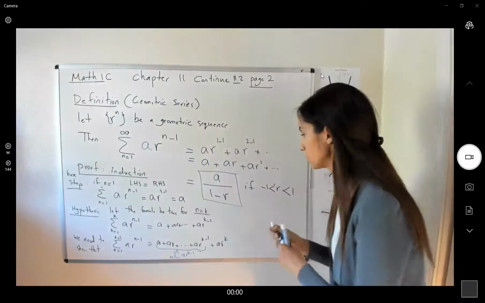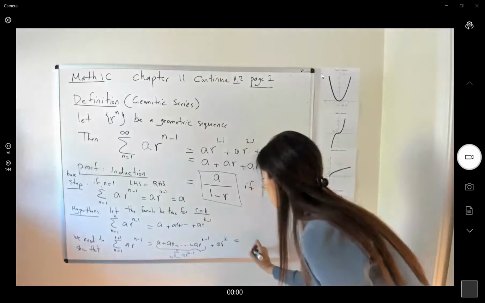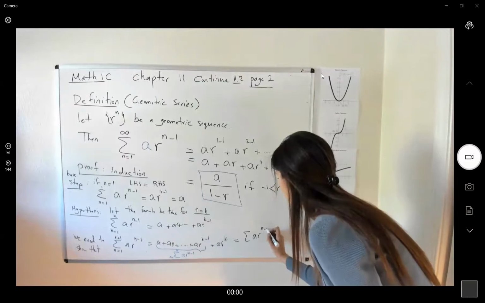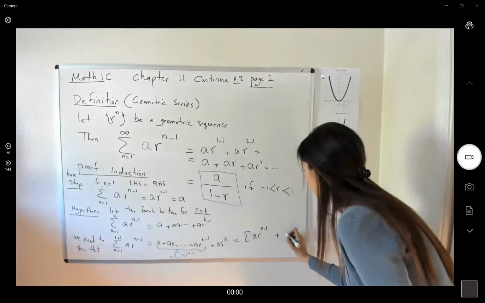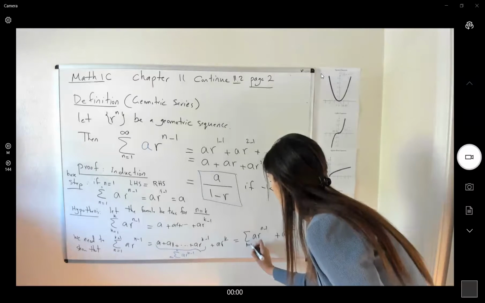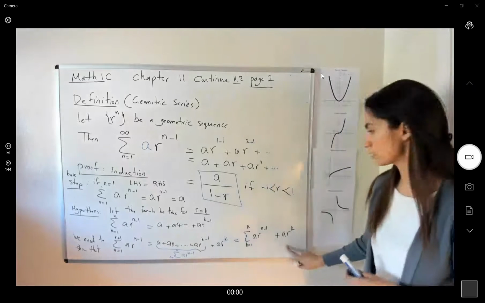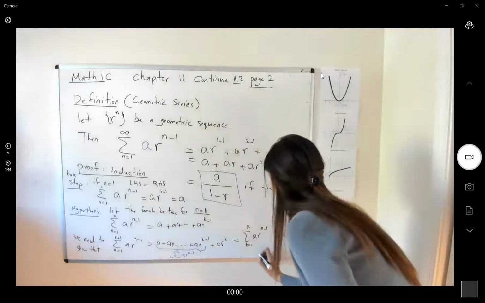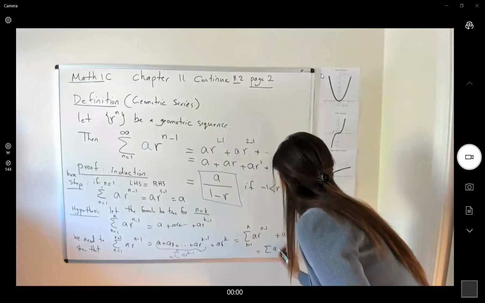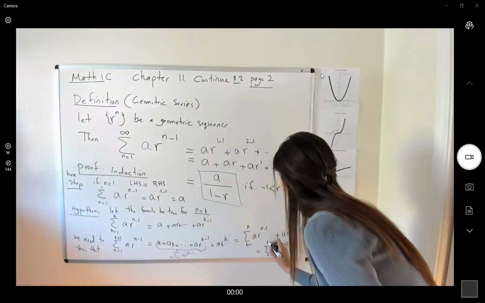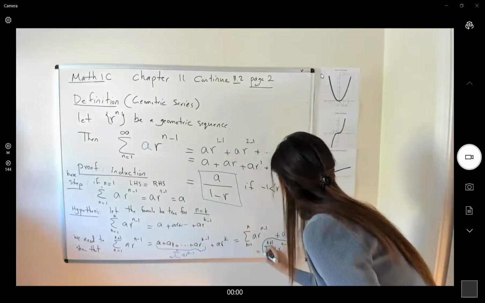So what do we have here? This is equal to the sum of ar to n minus 1 from 1 to k plus the last term, ar to the k. This is the last term of this series. If you add this term here, you get the sum of ar to n minus 1, from 1 to k plus 1.